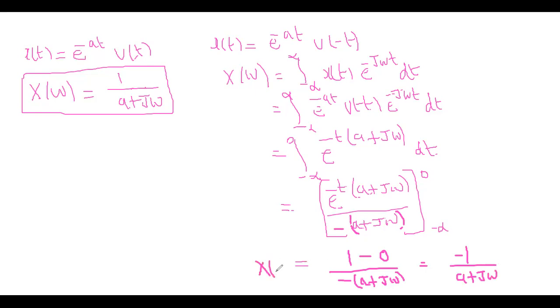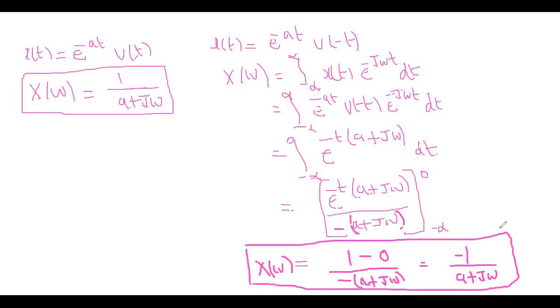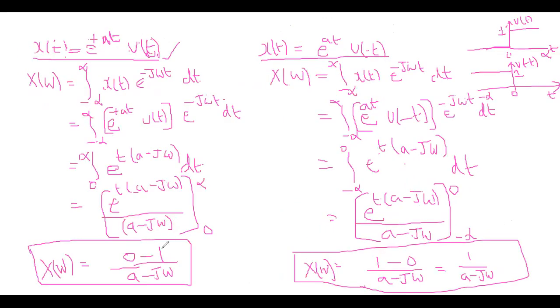X of omega is equal to minus of a plus j omega. Here e power minus at mu of t gives a plus, and e power minus at mu of minus t. The t values are negative values and the t values are positive values. So see here, the t values are positive, we got here minus 1 by a minus j omega, and for the negative values it is positive 1 by a minus j omega.